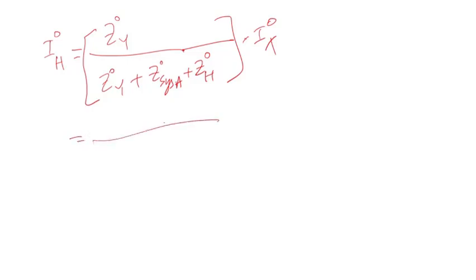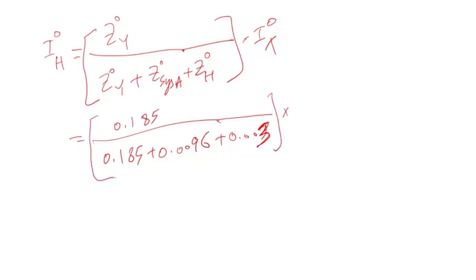So if you just plug in the numbers, 0.185 divided by 0.185 plus 0.0096 plus 0.003, this is times 3, times 13.25.